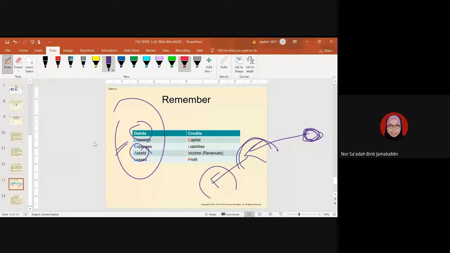Okay. For the cash and bank, let's say we open up our cash book, so we need to balance our cash book. When we already open our cash book, we no need to open the ledger or the separate ledger for cash and bank. We just balance our cash and bank account in the cash book.